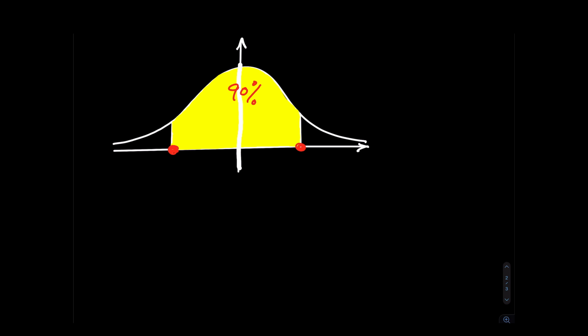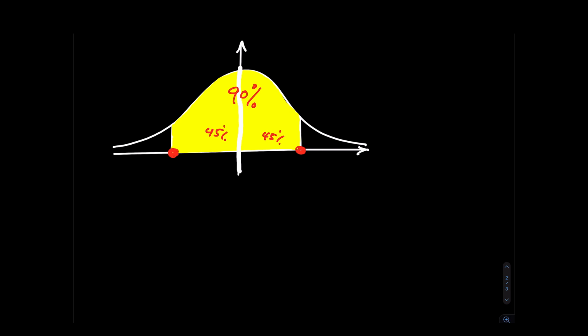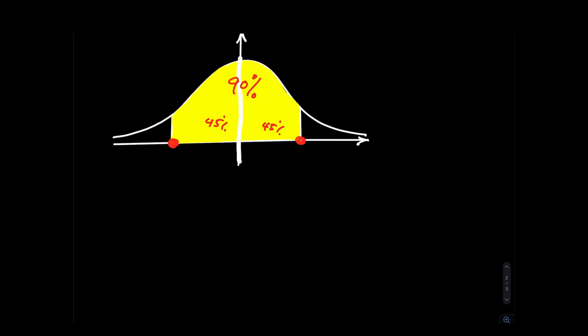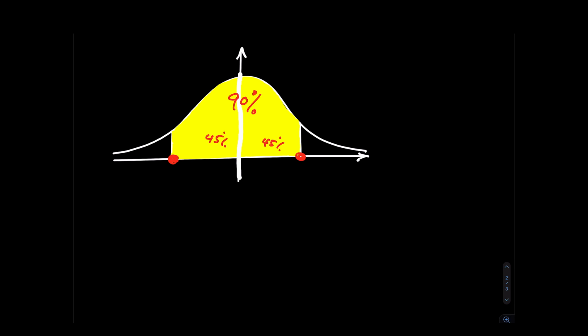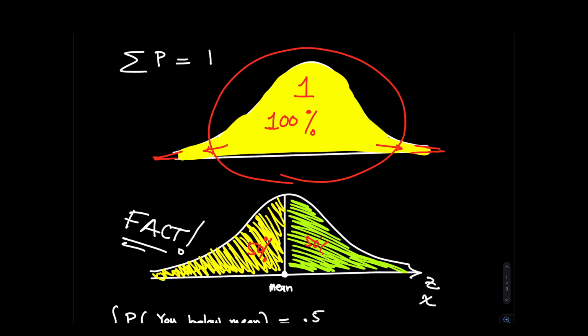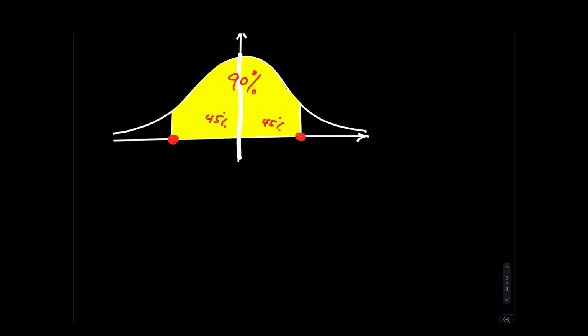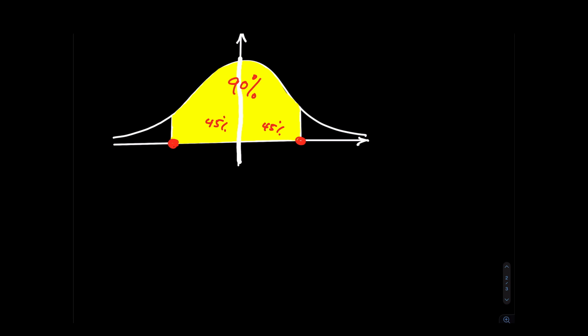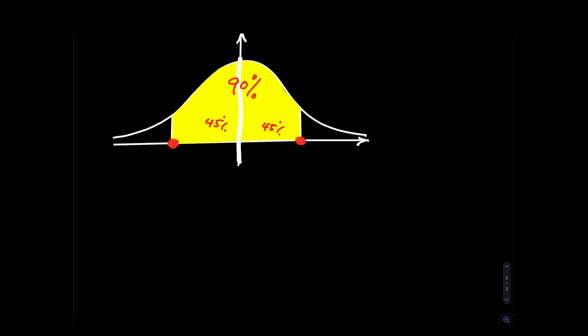Only the yellow area. Now, if that yellow area is 90%, and we obviously know it's symmetric, then each half at this point would be how much? 45%. Not that it pertains to what we're talking about here, but I just wanted you to know that. So if the inside area is 90%, and I know, going back to the very beginning, that the whole thing is 100%, then how much do you think will be the area or the probability in the tails?